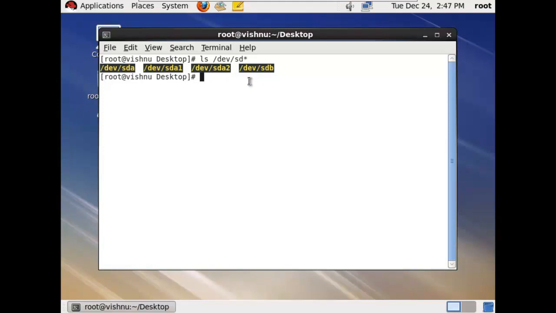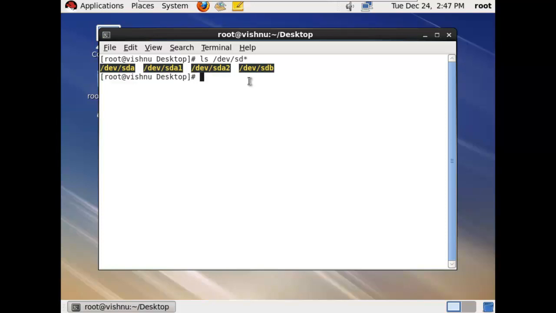Now guys, what we will do, we will create a new partition on SDB, and it will occupy all the space of this SDB.